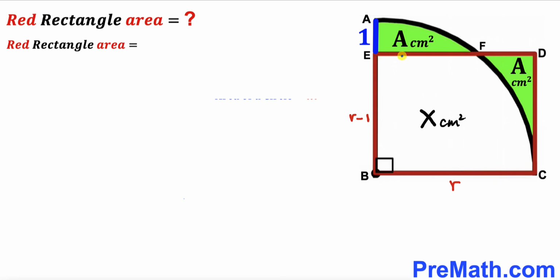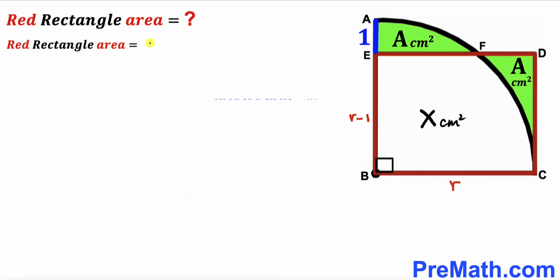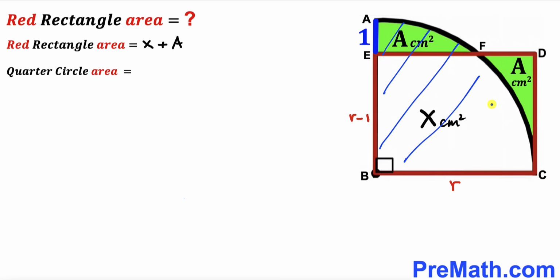Then we can see the area of this red rectangle BCDE must be equal to this area x plus this area A. So therefore this red rectangle area is going to be x plus uppercase A. And now let's focus on this quarter circle. Its combined area is going to be area x and this area A together. So therefore the area of this quarter circle is going to be x plus uppercase A as well.